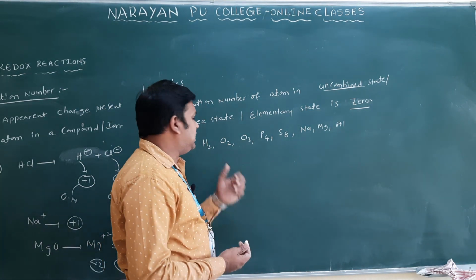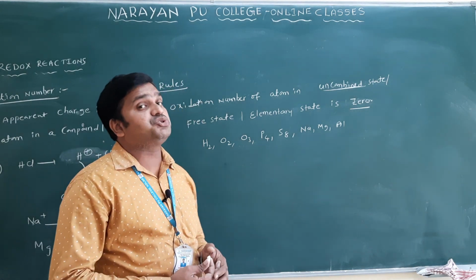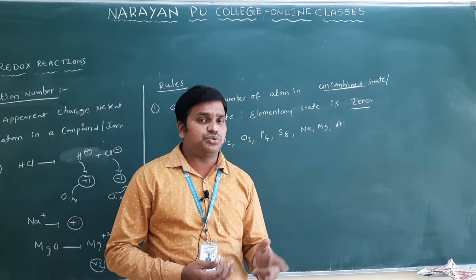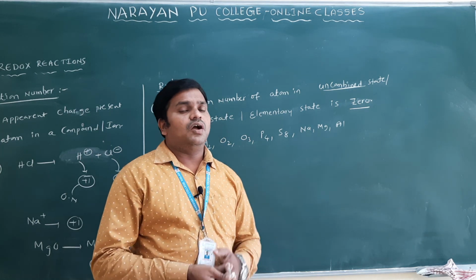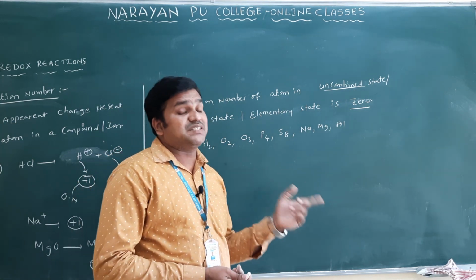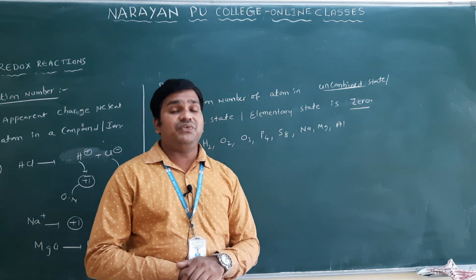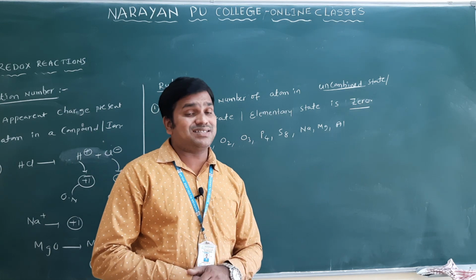Suppose the question asks, what is the oxidation number of hydrogen in H2? That is 0. What is the oxidation number of phosphorus in P4? That is also 0. What is the oxidation number of sulfur in S8? That is also 0.